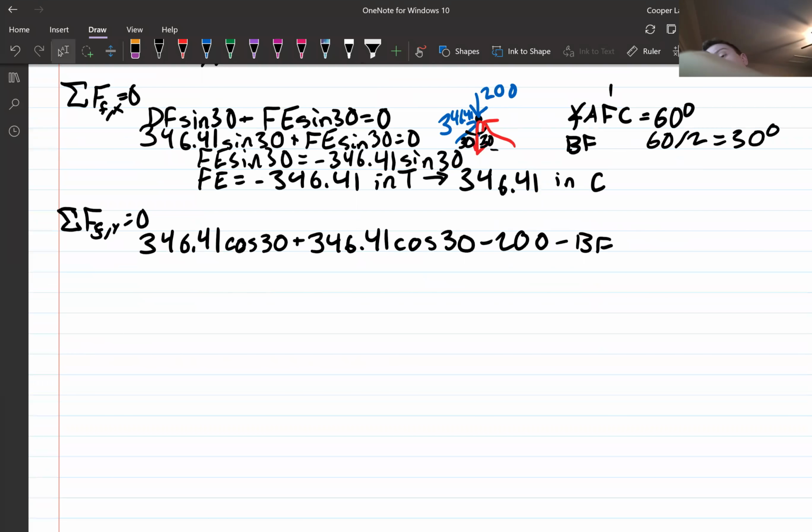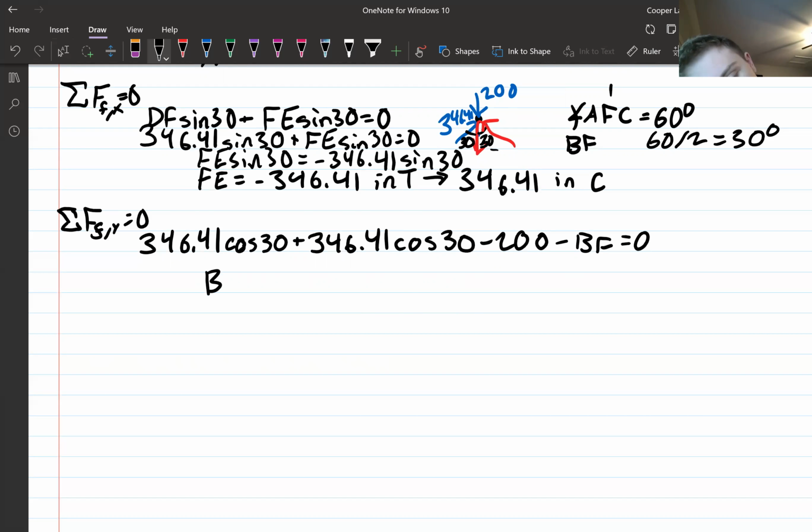And this all equals 0. So doing that, my first move is going to be to try to separate BF away from everything else. So I'm going to move BF over, and then I'm going to reverse the whole thing, just that way it's a little easier to read.